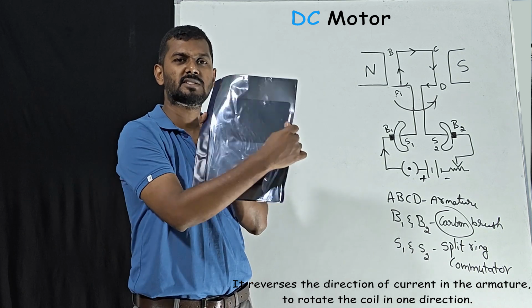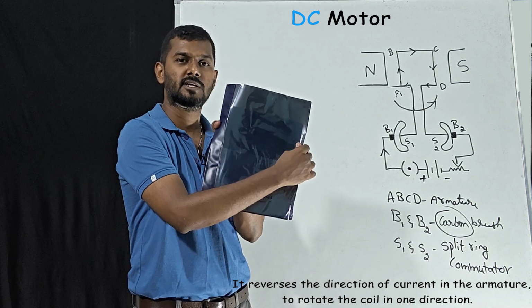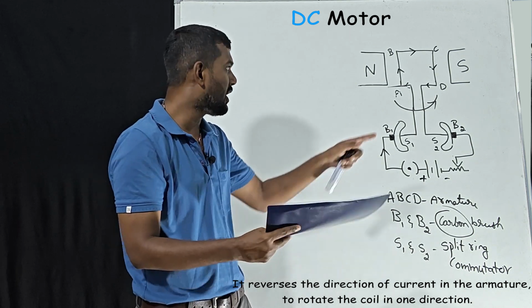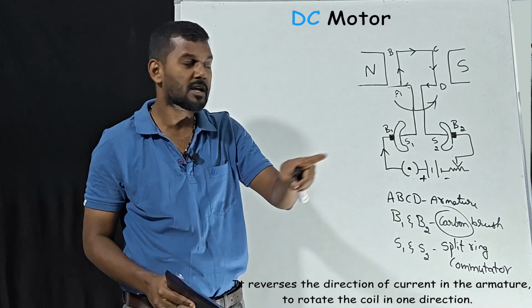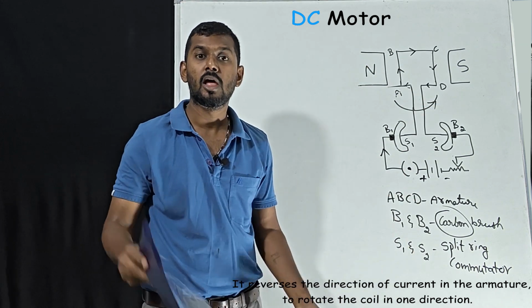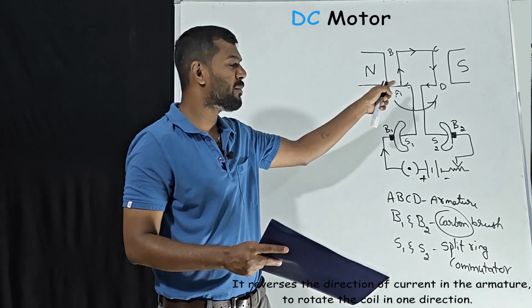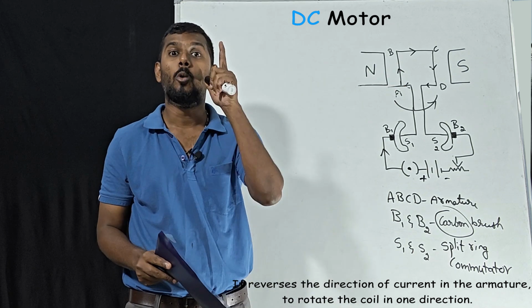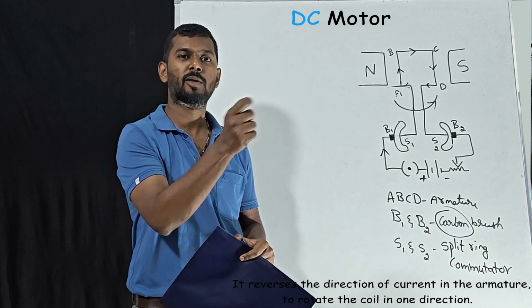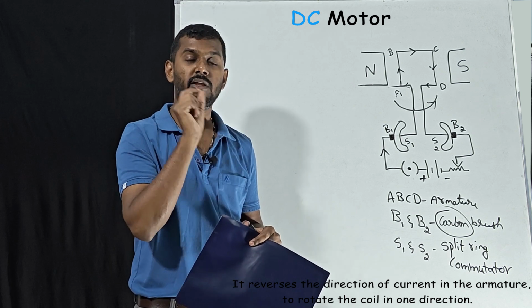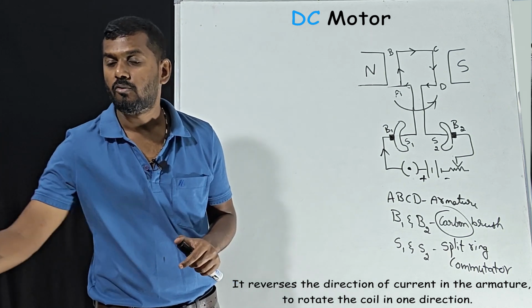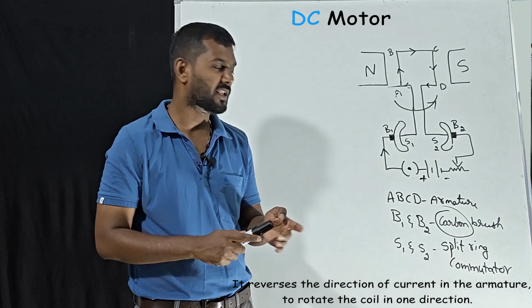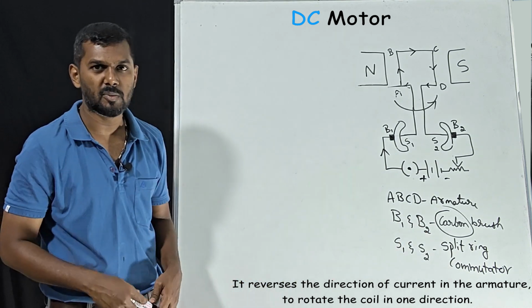For every half rotation, the direction of current in the armature will be changed by the commutator to make sure the armature rotates in one direction. That is the function of the split ring commutator.